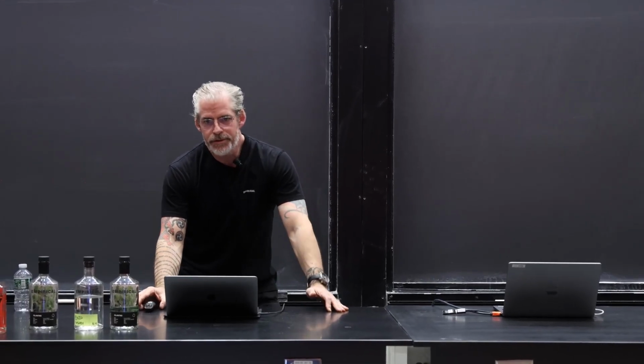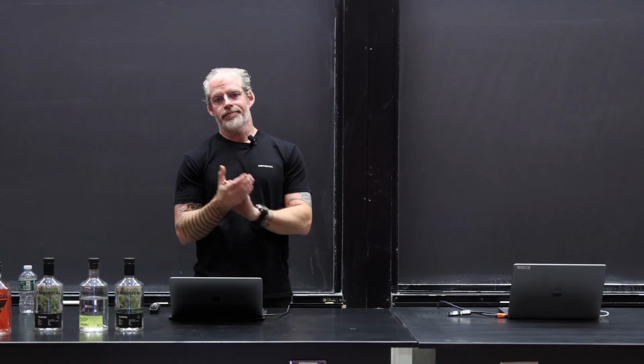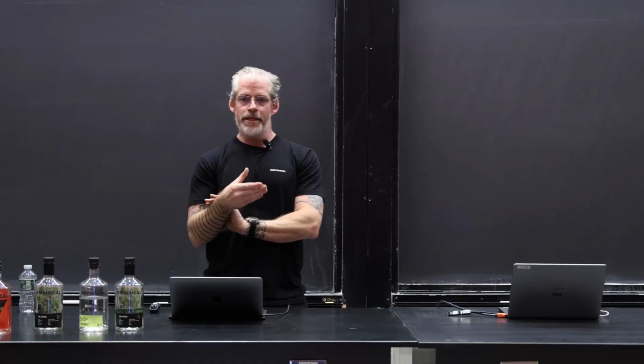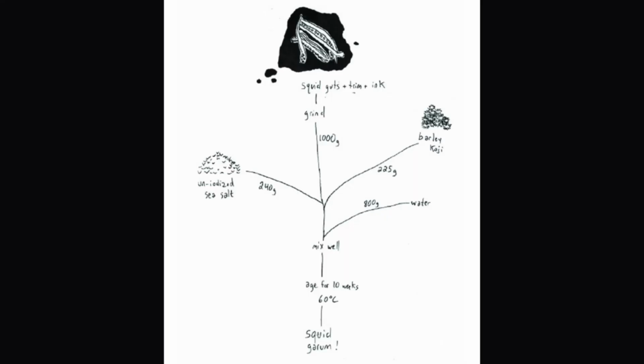For instance, in the restaurant, we used barley koji to make squid garum, and that was taking the idea of a Roman garum, so that's a fermented fish sauce, and using the protease that the koji produced to accelerate the breakdown of the proteins into amino acids.